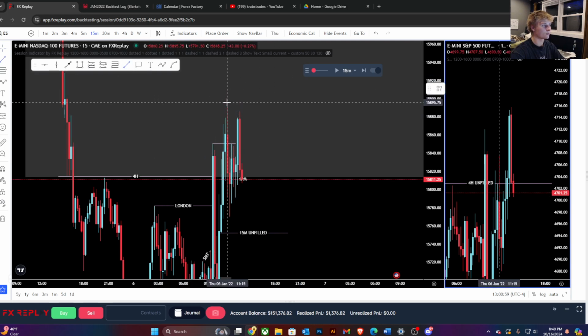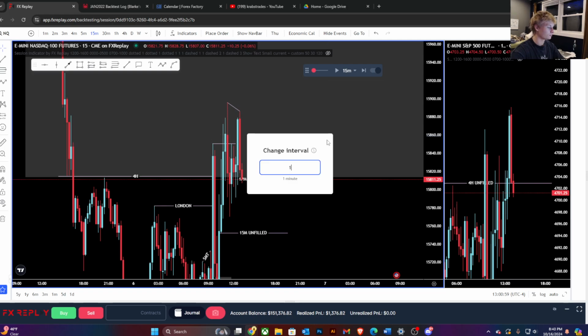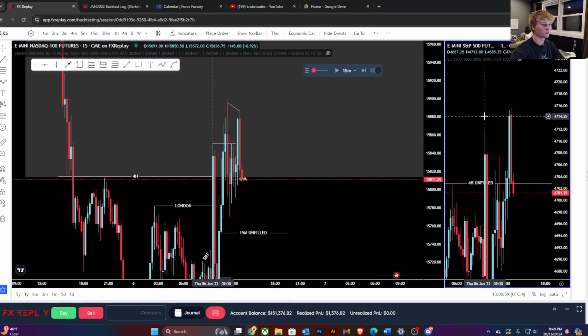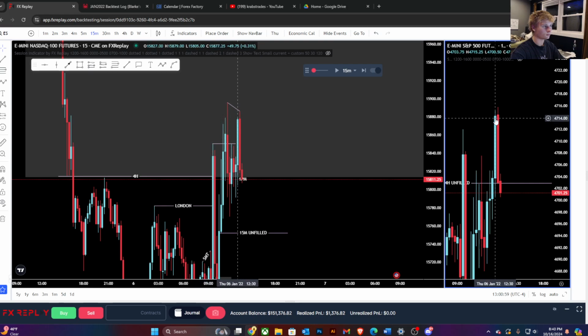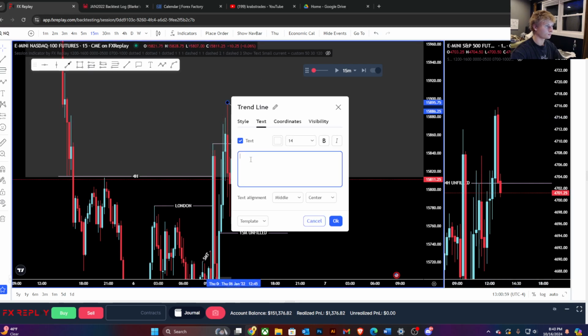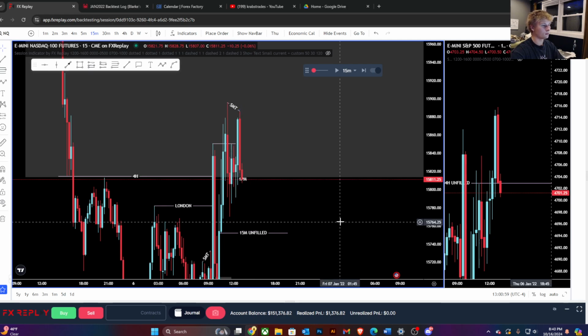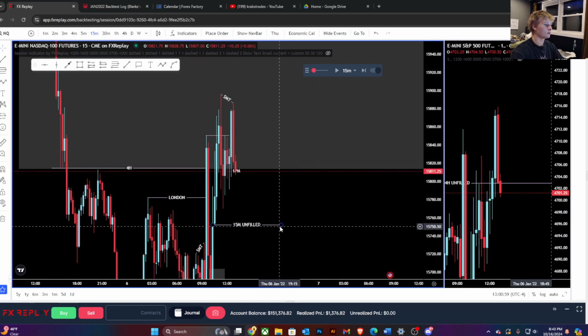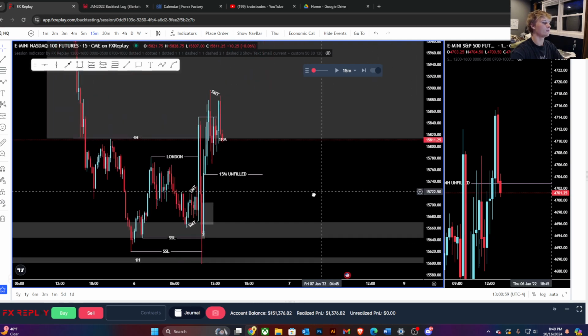So yeah, bearish SMT. So we could see shorts right now to rebalance to this unfilled 15 minute.